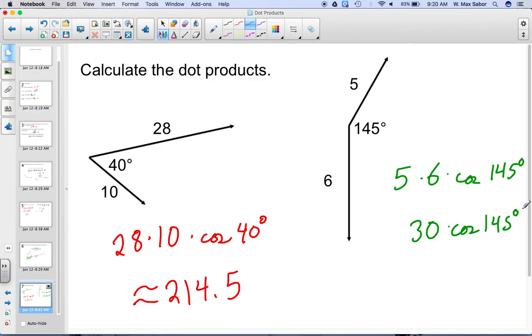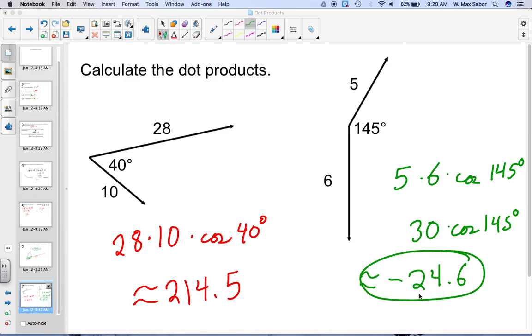It is negative, it's worth pointing out, and we'll get negative 24.6. So these are the dot products. You'll notice that because these are mostly pulling in opposite directions, the dot product is negative. These vectors are mostly parallel, although not completely parallel, which is why it's relatively positive. That's how we calculate dot products.